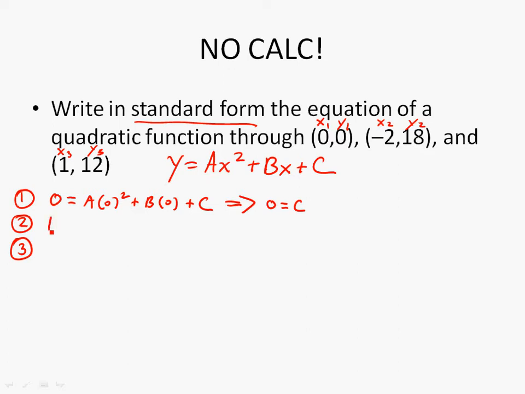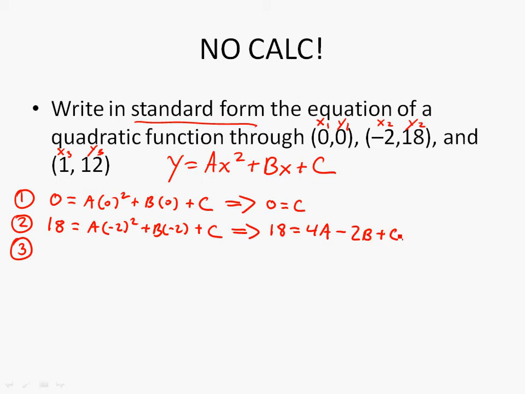So I substitute 18 for the y. I'm going to substitute negative 2 for the x's. And after simplifying things, I get 18 equals 4a minus 2b plus c.